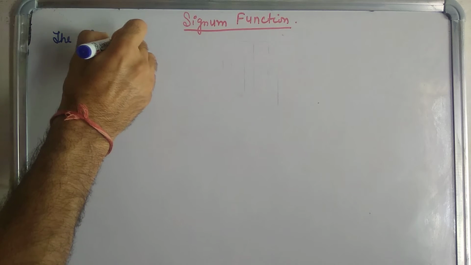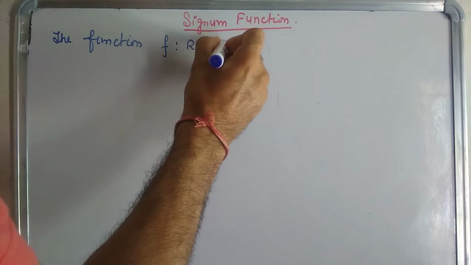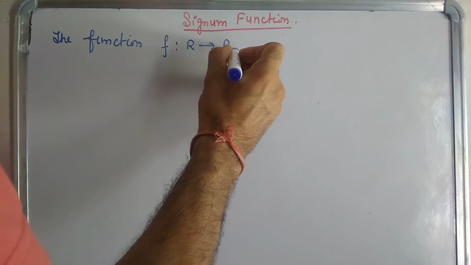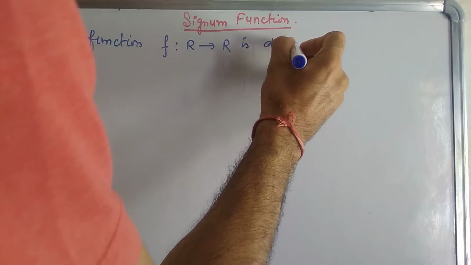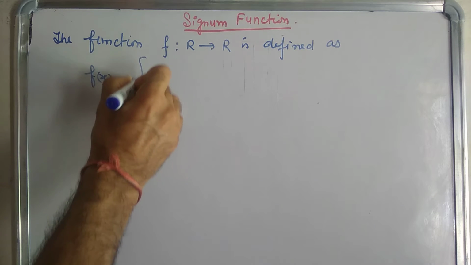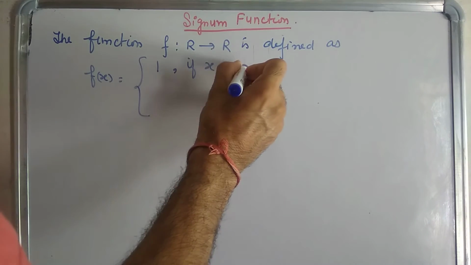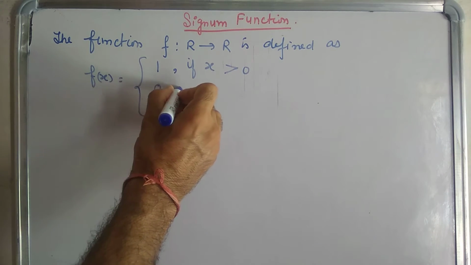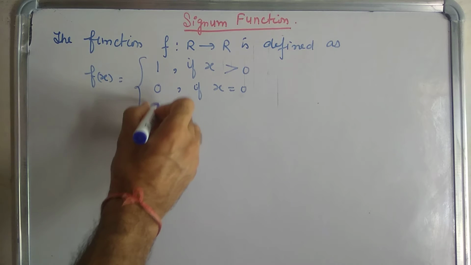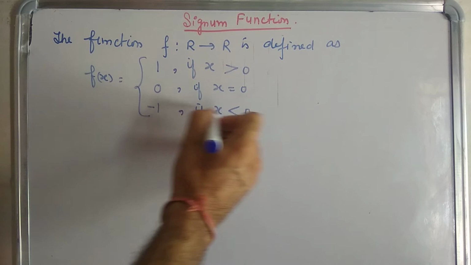So we will define this function as the function f from R to R, where R is the domain and the codomain is the set of real numbers, defined as f(x) is equal to 1 if x is greater than 0, f(x) is 0 if x is 0, and f(x) is equal to -1 if x is less than 0, meaning all the negative real numbers.